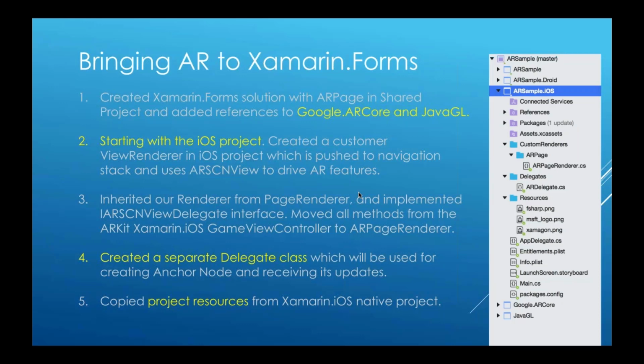So there's no real rocket science here. We basically just took that original Xamarin.iOS example and went through this process to move everything into our ARPageRenderer, our custom renderer. And we created a separate delegate class, which we used to create anchor nodes and receive the updates. And we copied the project resources from the Xamarin.iOS native project.